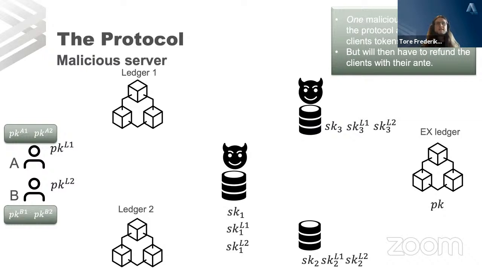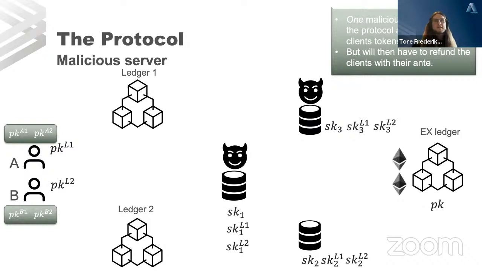But if that happens, then we can use the idea of incentivized MPC, where the honest servers, or just one honest server, sends a claim to the smart contract on the exchange ledger to basically say, hey, I have not heard anything from the other servers. They're acting maliciously. Please do something.